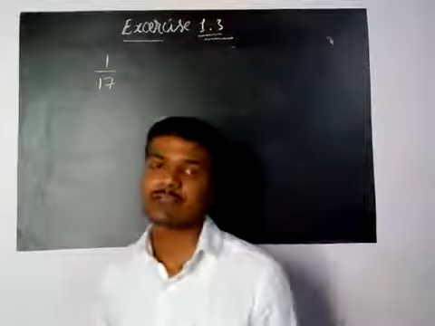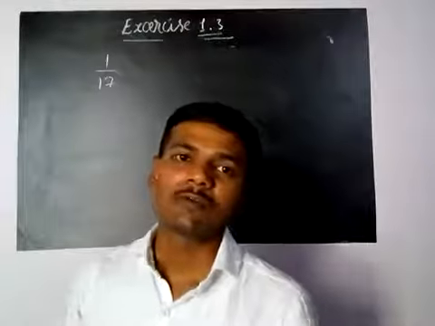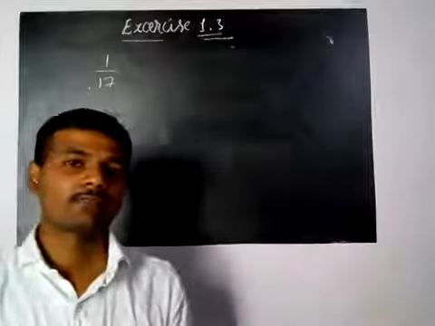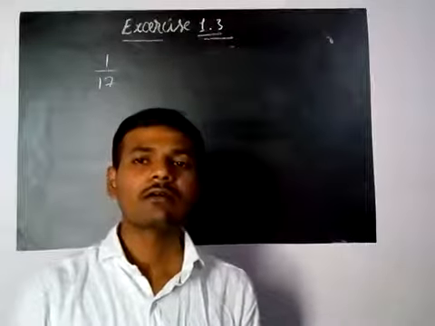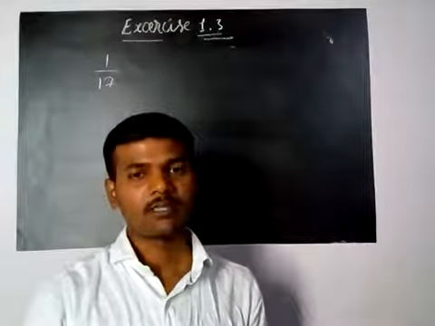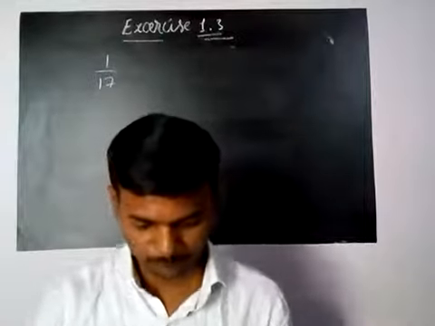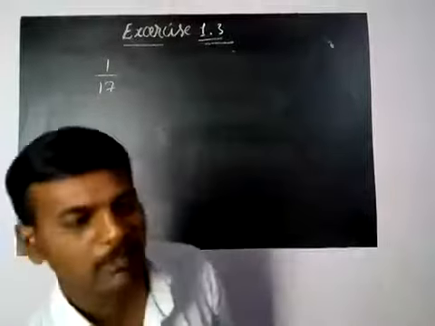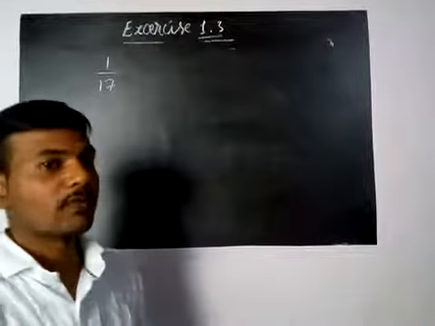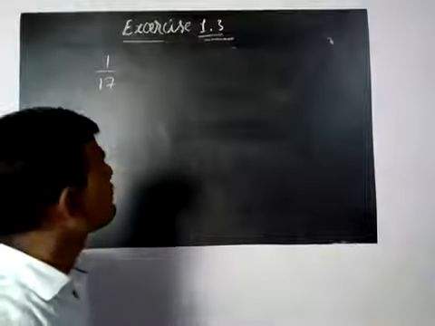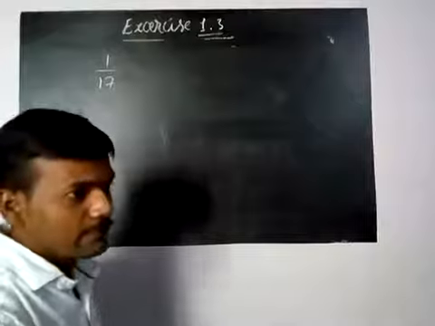So in the decimal expansion of 1 by 17, what would be the maximum digits? Let me find it by the division process. Here you will get nearly 16 digits. You can perform that division process.